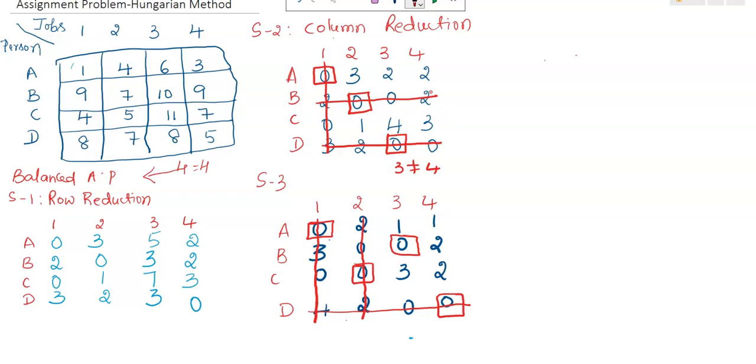Now you have to observe that the number of assignments is 4 and the number of rows is 4, so now the optimal solution exists. Now let me find out the total minimum cost.